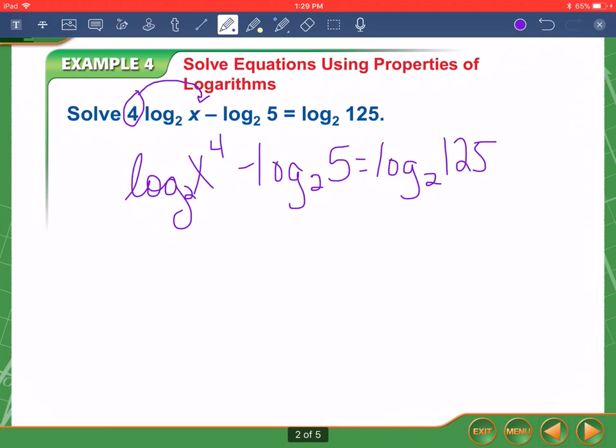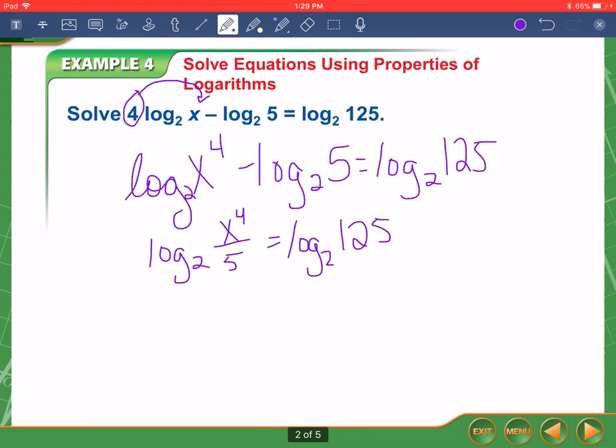Now I'm subtracting 2 logarithms, so I can make it 1 by division. So I can say that it's log base 2 of x to the 4th over 5 equals log base 2 of 125.